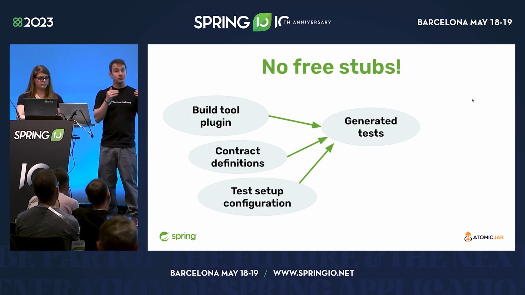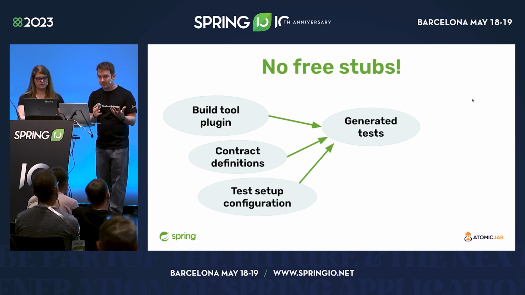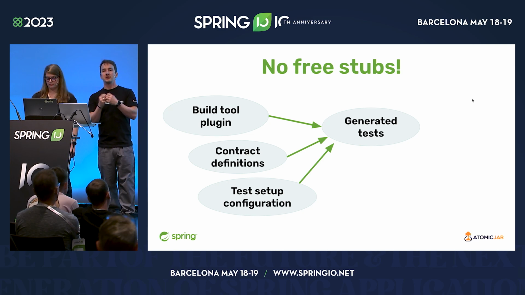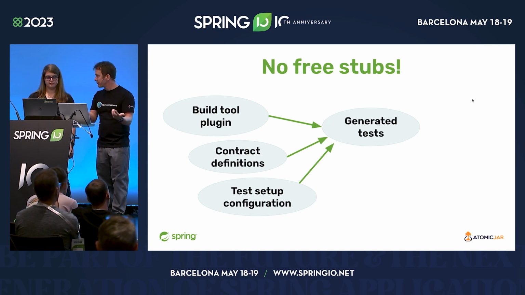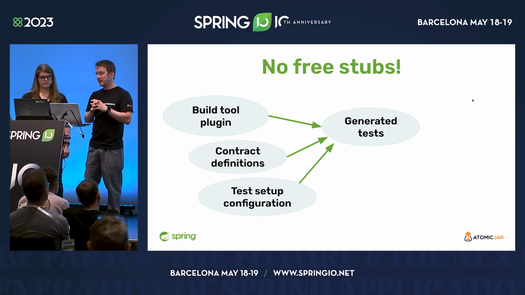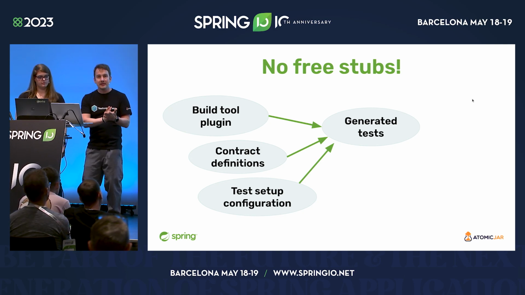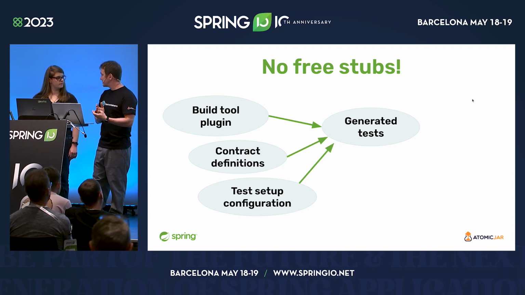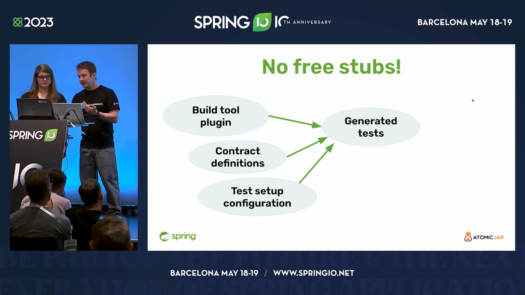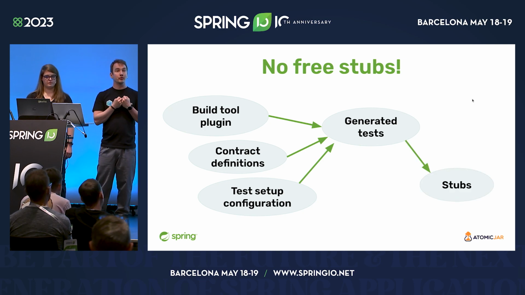So the tests will be automatically generated, and the producer code will be verified on whether the actual API that it offers conforms to the contract definitions that we feed into it. And when the generated tests on the producer side pass, then the stubs are generated for you automatically.